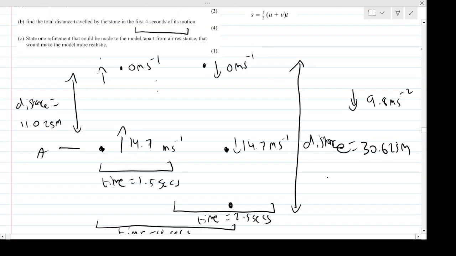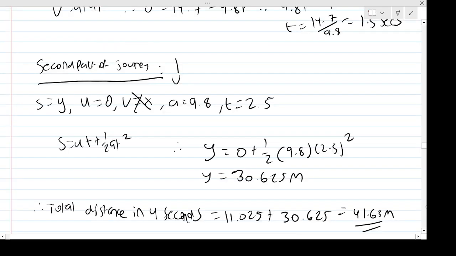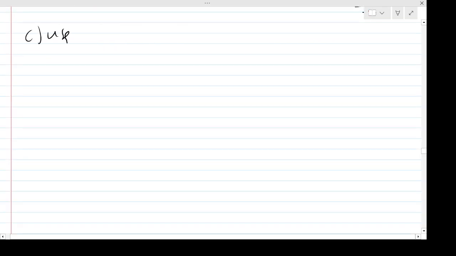Then it says in part C, state one refinement that could be made to the model apart from air resistance. Oh, okay, so they took that away from us. Well, the other one, as I discussed last time, to make it more realistic, you can use a more accurate value of G, which is the acceleration due to gravity, instead of 9.8.